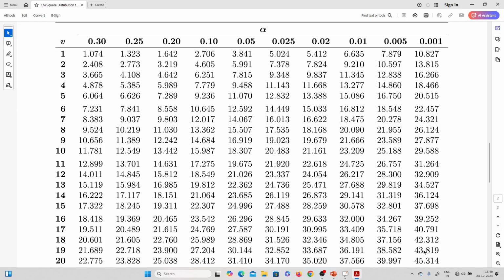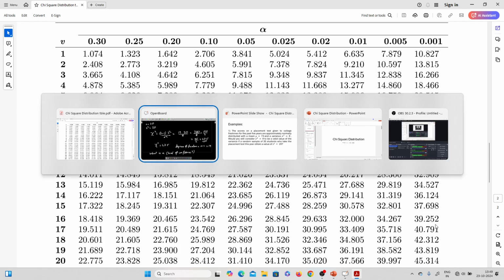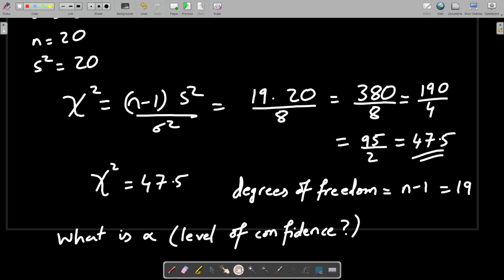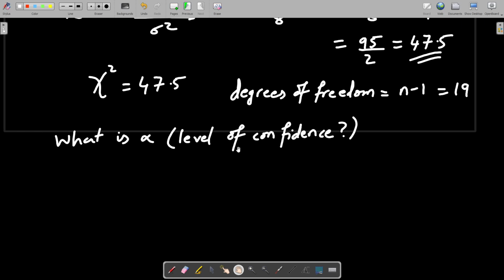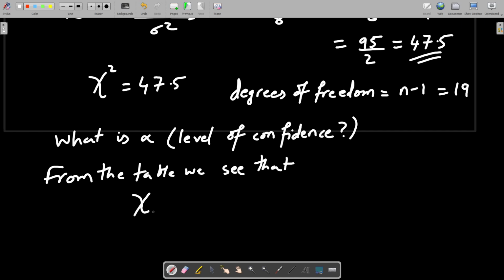So 43.9. Okay, so now from the table we see chi-square of 0.001 is equal to 43.819.